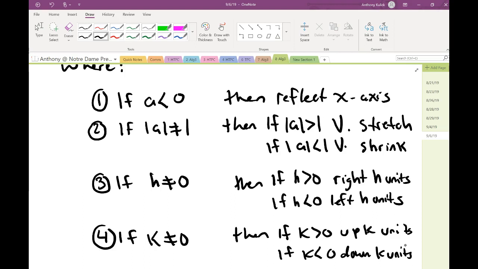And we'll do some examples in a moment of how we can use this information to make some predictions, do some graphing, and describe what we'd expect to see.